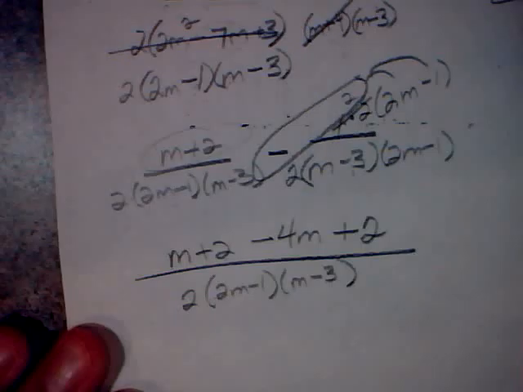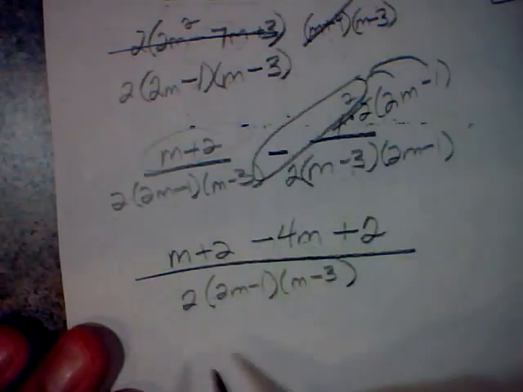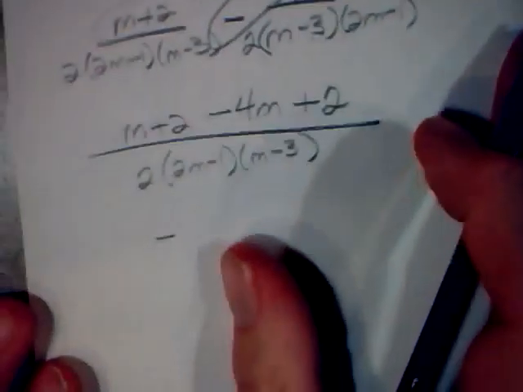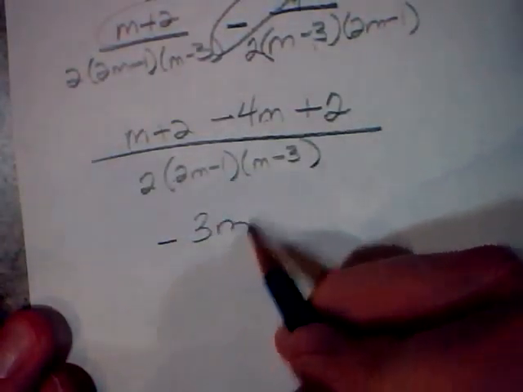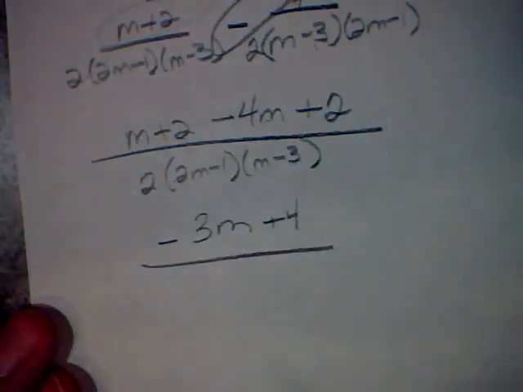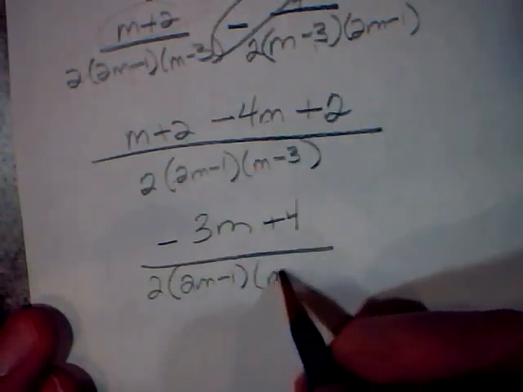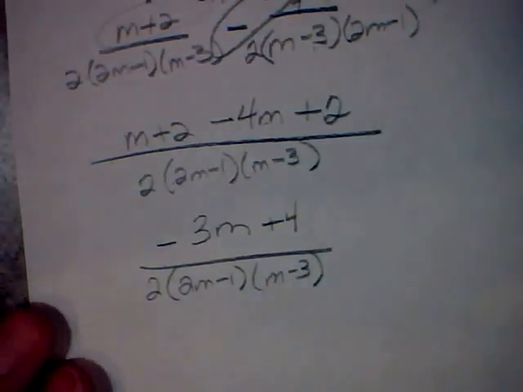Okay, so now we're ready to combine up like terms. So we've got m and negative 4m, which is negative 3m, and 2 plus 2, which is 4. And that's over your common denominator of 2m minus 1, and m minus 3.